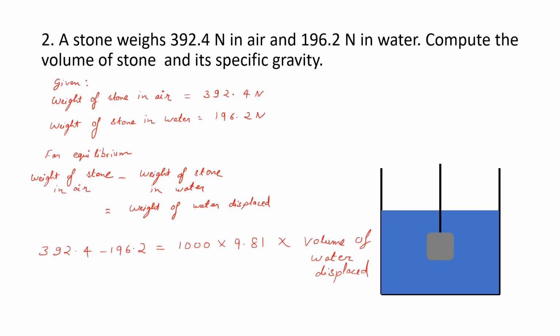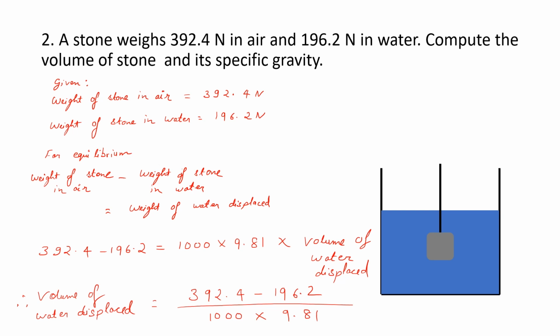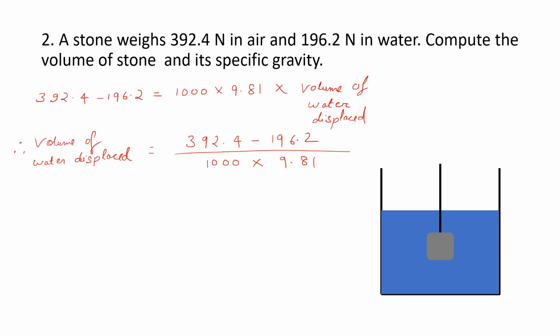So here we will put in the values. The weight of the stone in air is 392.4 Newton and in water is 196.2 Newton, and the weight of water displaced can be found by multiplying density with acceleration due to gravity and the volume of water displaced, that is rho multiplied by g multiplied by V. From here we can find the volume of water displaced, which is 1 by 50 meter cube.